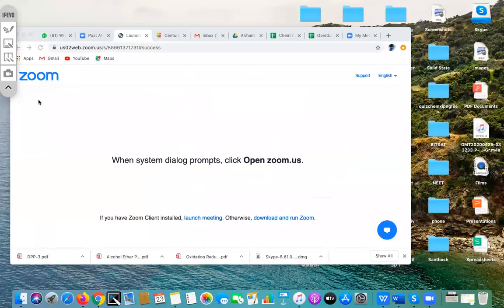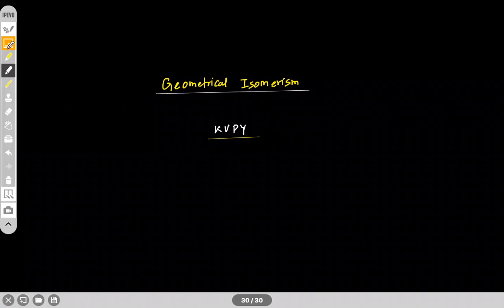Okay, so I'll share the screen first. Yeah, so geometrical isomerism, guys, it is a part of stereoisomerism.